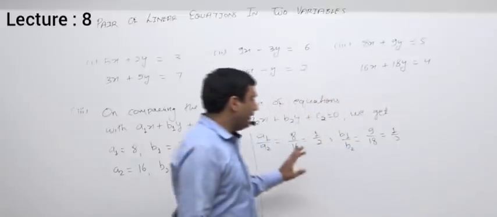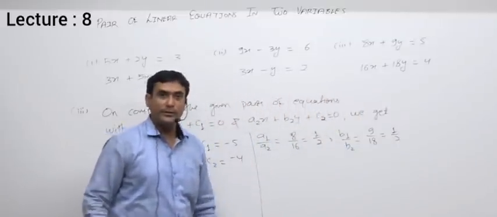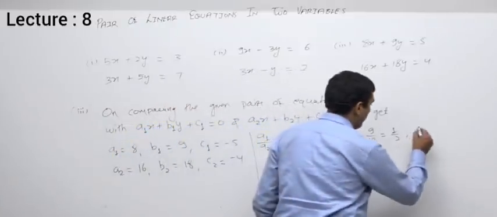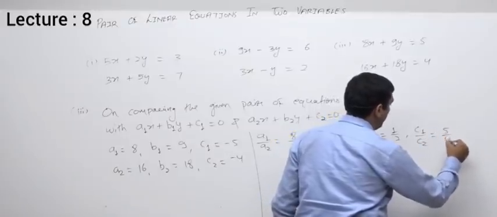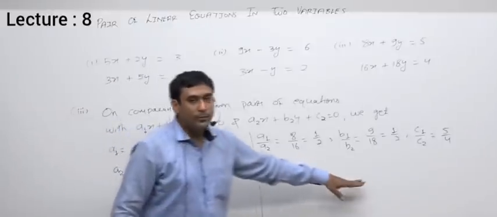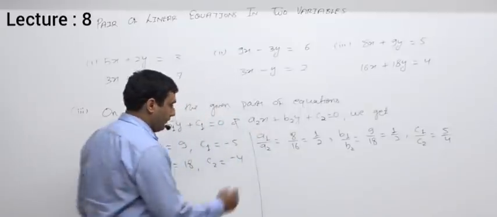Now either it will have infinitely many solutions or no solution, depending on c1 upon c2. So we'll find c1 upon c2, that is 5 upon 4. So clearly a1 upon a2 is equal to b1 upon b2 but not equal to c1 upon c2.